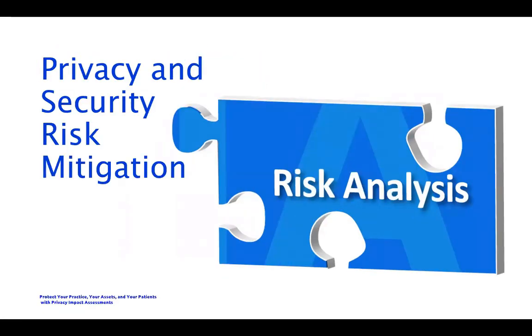So, privacy and security risk mitigation is a step in every privacy impact assessment. And you should have policies and procedures in your organization that identify that prior to implementing any new project, you will complete a risk analysis. This is an expectation of the Health Information Act legislation in Alberta and all privacy legislation throughout Canada.